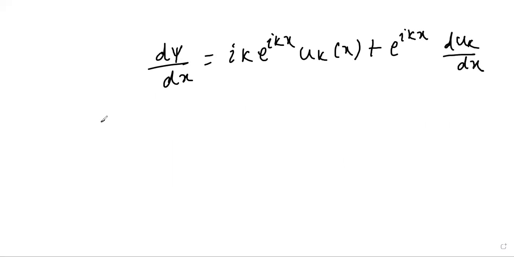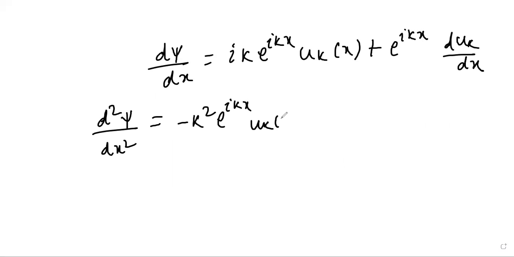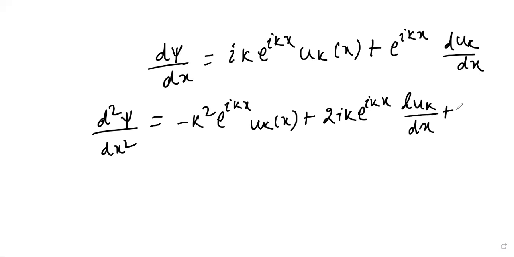Then taking the second derivative, d square psi upon dx square will give us minus k square e to the power ikx uk(x) plus the second term 2ik e to the power ikx duk by dx plus e to the power ikx d square uk upon dx square. So this is what we got for d square psi upon dx square and d psi by dx.